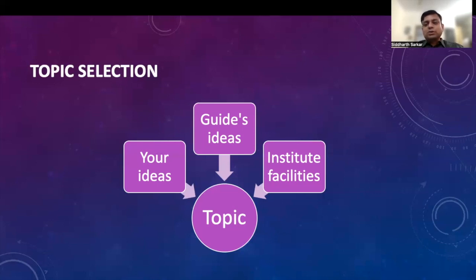The topic is also guided by what the facilities are in your institute, what facilities exist, what networks exist, what the culture is, and what the direction of research is being taken in your institution. So these various factors determine what topic is selected.